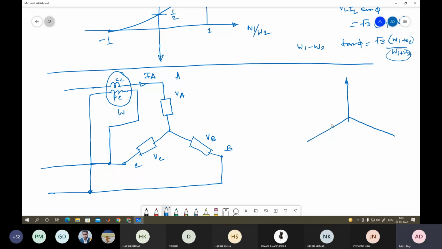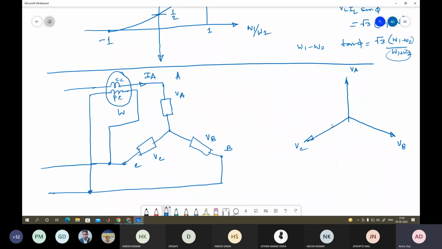This is star connected, so your phase current is equal to line current. Phase voltage is root 3 times of... For phase voltage and line voltage, you should do the phasor diagram. So this is VA, phase voltage, VB, VC.